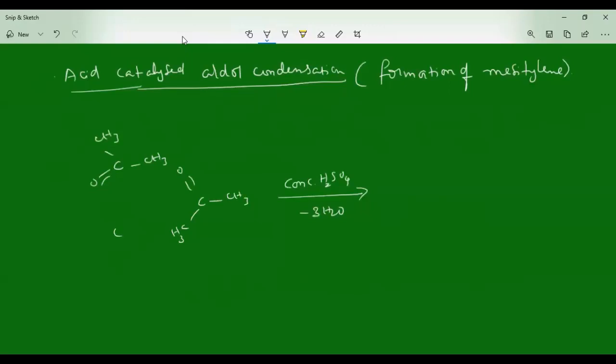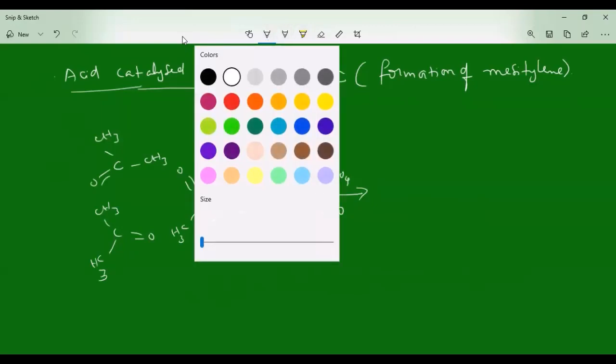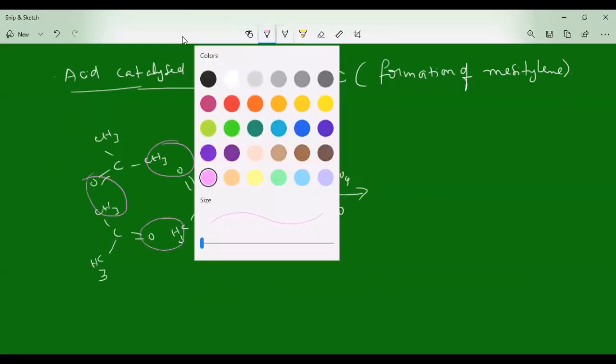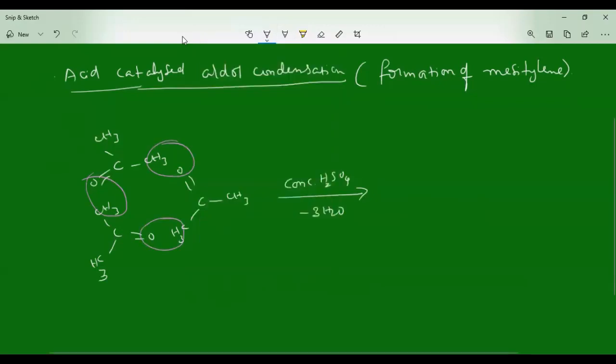Another one we will take like this. You can observe here where we are going to remove water molecules. I'll show you. Here we will remove water molecule. Here we will remove water molecule. Here we will remove water. Total 3 water molecules we are going to remove.